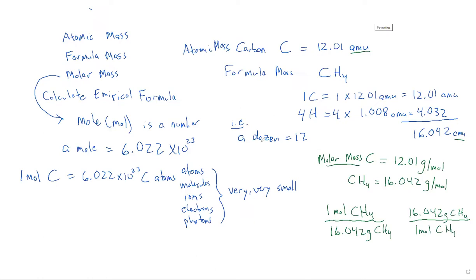So now this is a very practical unit, right? The molar mass is much more practical. It allows us to convert from a count of how many molecules. So I could say that 16.042 grams of methane is equal to 1 mole of methane, and that is equal to 6.022 times 10 to the 23rd methane molecules.